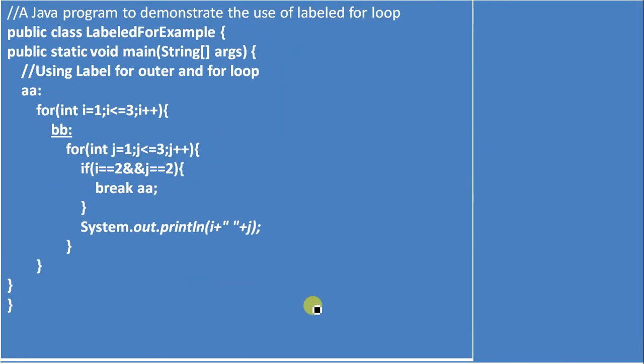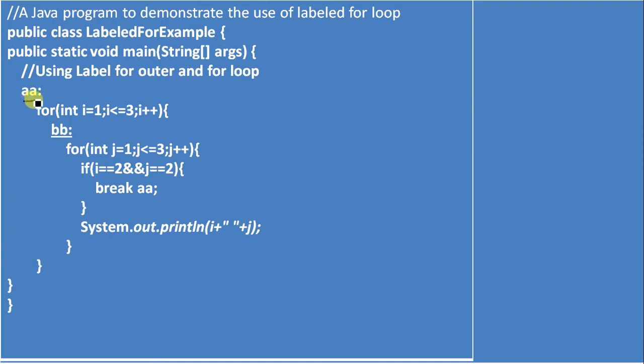Okay, so let's see an example. Here we are discussing a program about the labeled for loop. We create a class, create a main method, and in this main method we define a for loop. For this for loop we define a label.